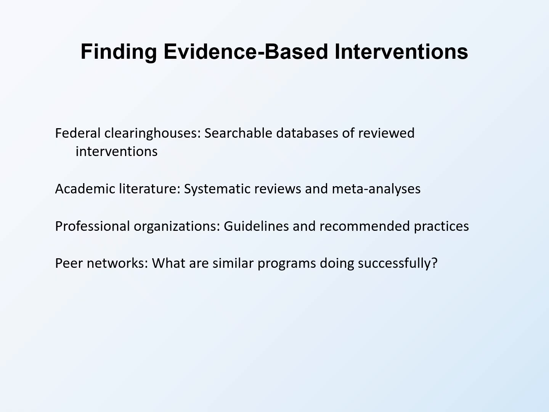If a systematic review concludes an intervention type is effective, that's strong evidence. Professional organizations often develop guidelines and recommended practices based on evidence. These translate research into actionable guidance. And don't overlook peer networks. What are similar programs doing successfully? Colleagues may have already done the search you're about to do.